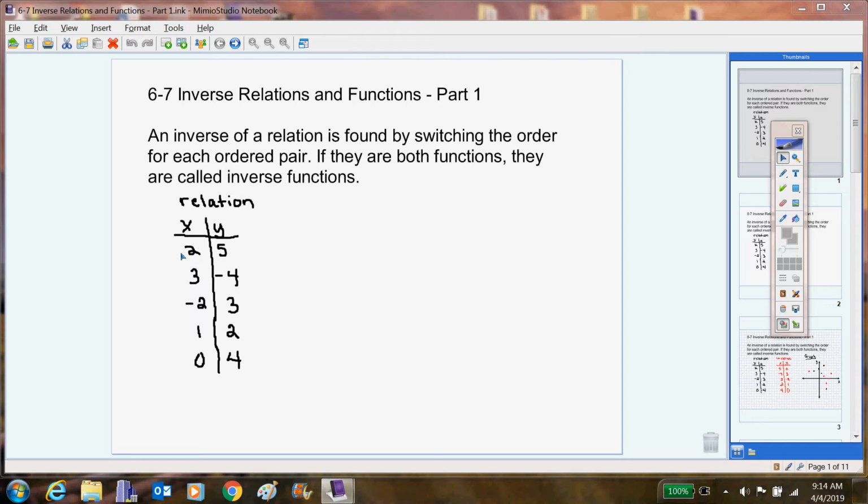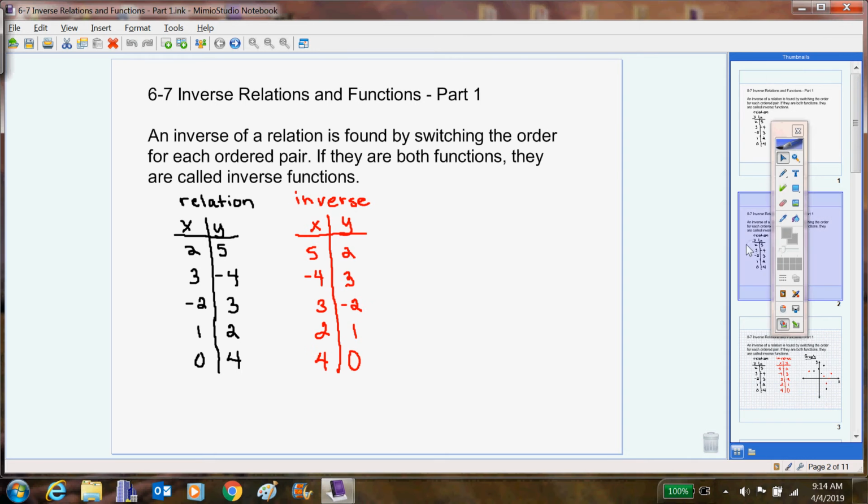X is 2, x becomes 5, and y becomes 2. On this one, x becomes -4, and y becomes 3. So for an inverse relation, all you do is you switch the x and y values. So if you could write that down so that you are seeing what's happening here.